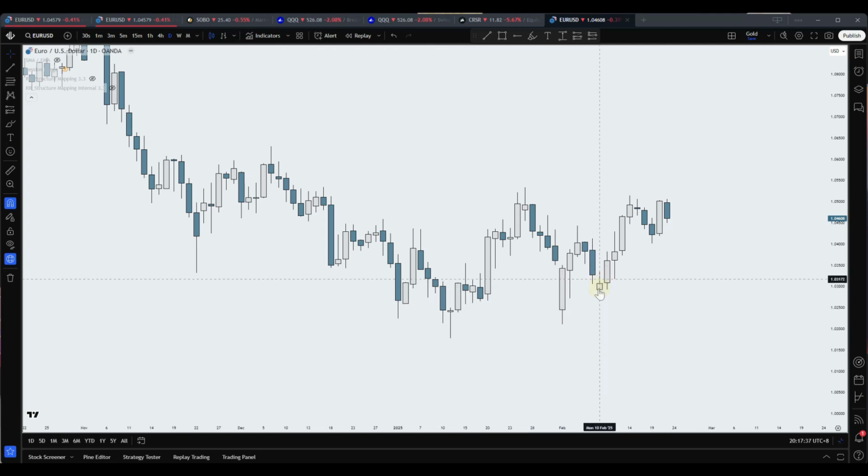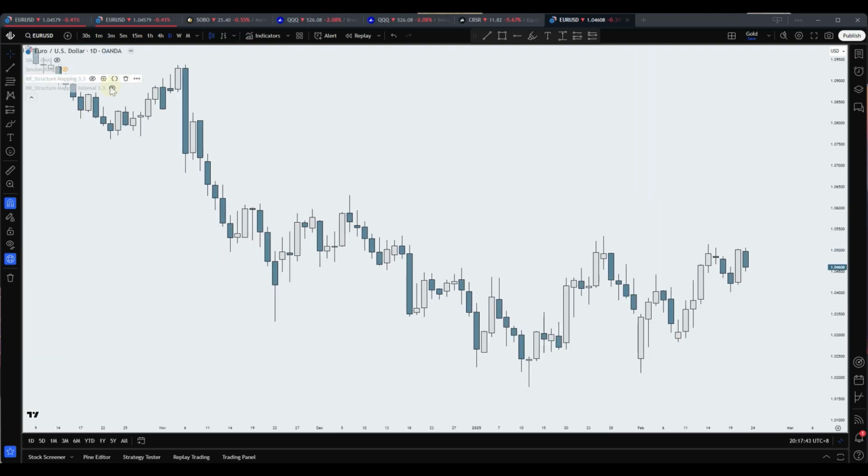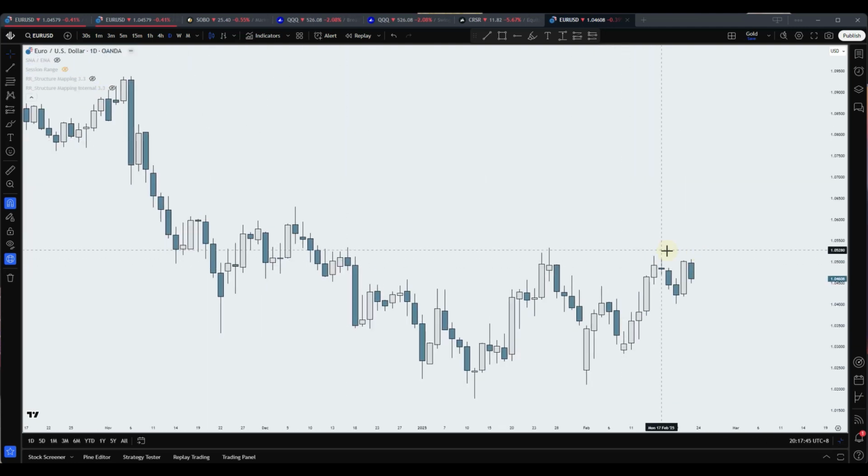Let's mark the internal structure starting from here and check whether we can play this leg. I don't want to take you too far away, we are just here at the most recent price action, and at least you will get an idea of how we will play into next week. So we check and we mark from here.